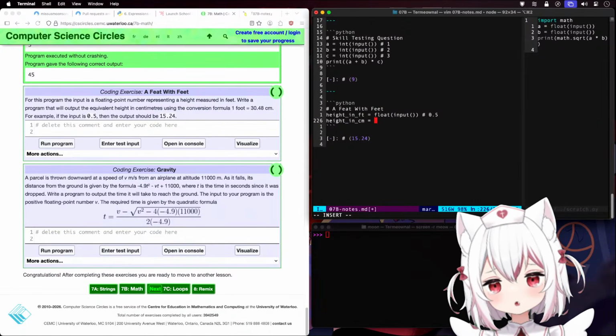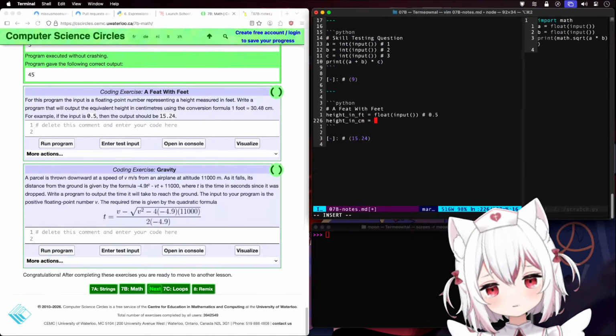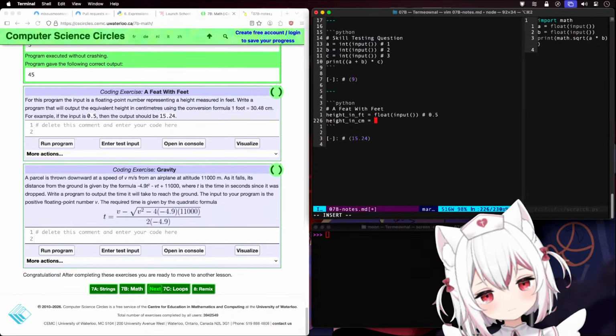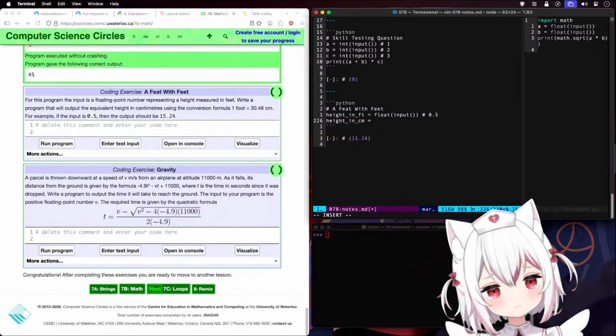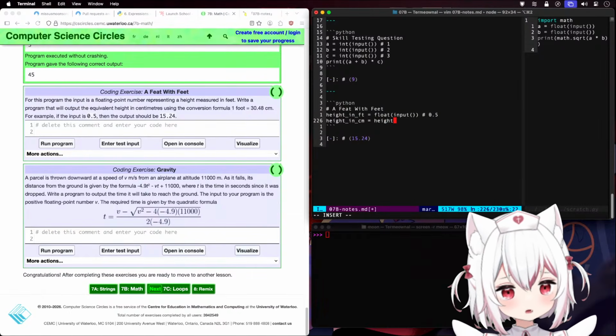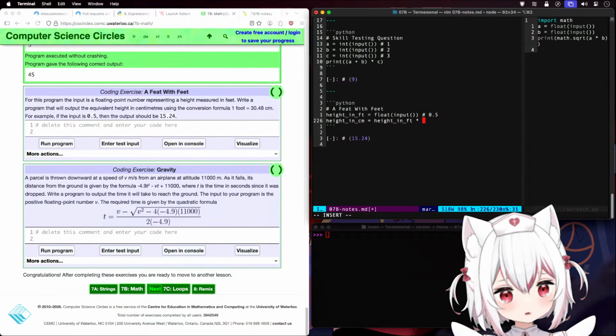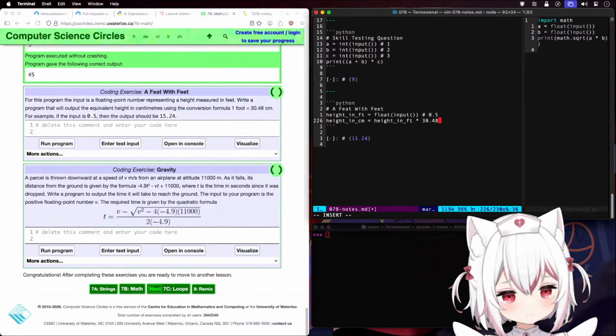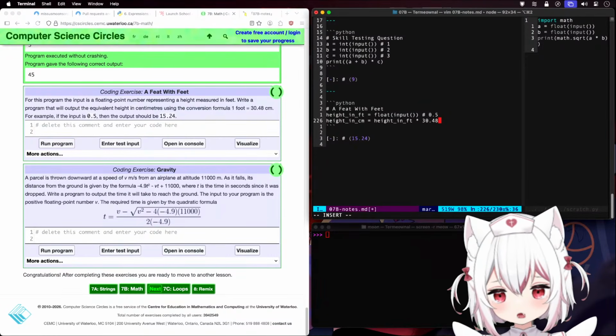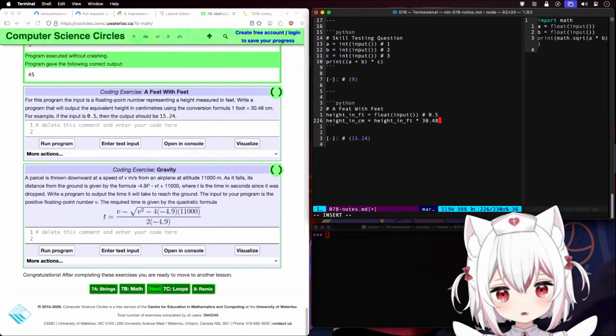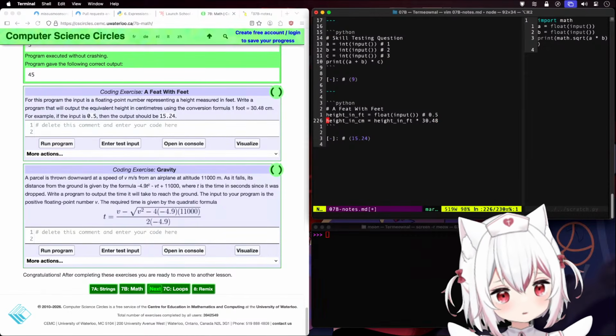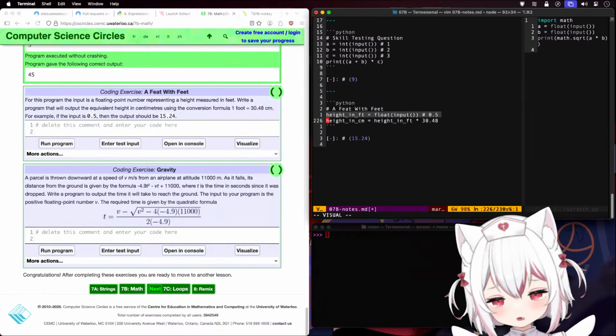Is equal to height in feet times 30.48. Isn't that just it? But do they want me to do rounding? Do they want me to round?